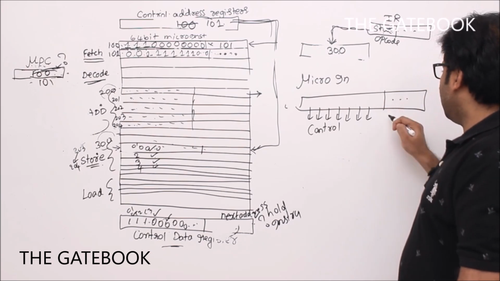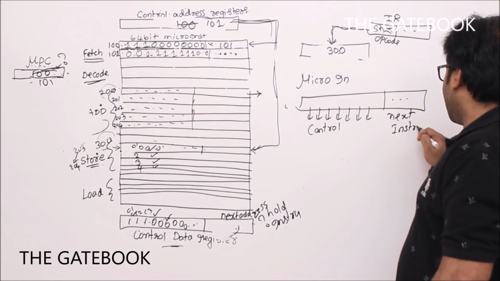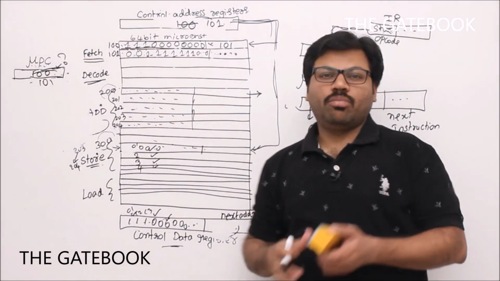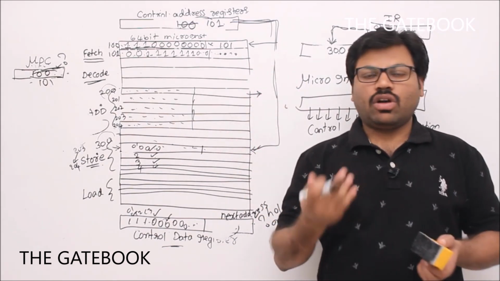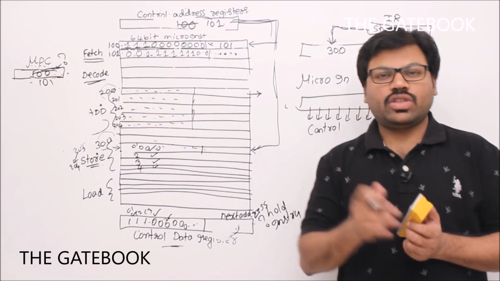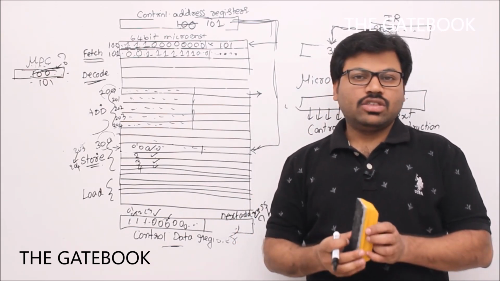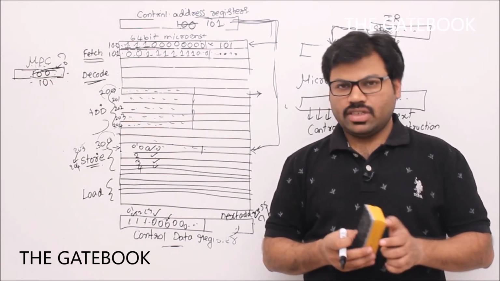The second part is sometimes showing the next instruction. So that is about these microprogram instructions. Now we'll see more details about the microprogram control unit. There are two types: vertical microprogram control unit, and second, horizontal. We will see what the difference is between horizontal microprogram and vertical microprogram.